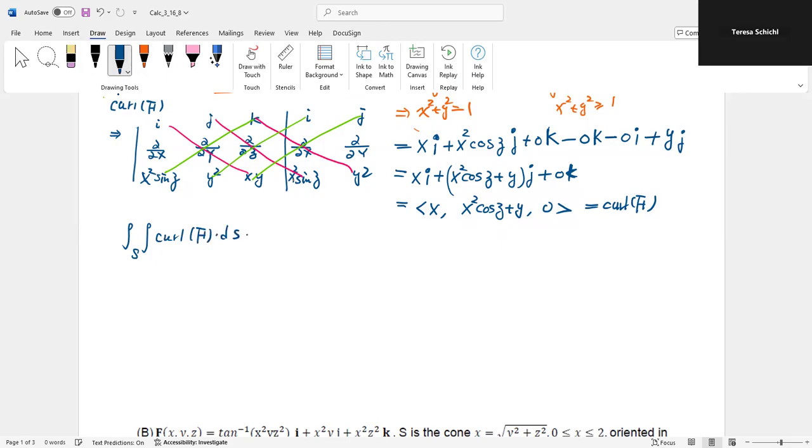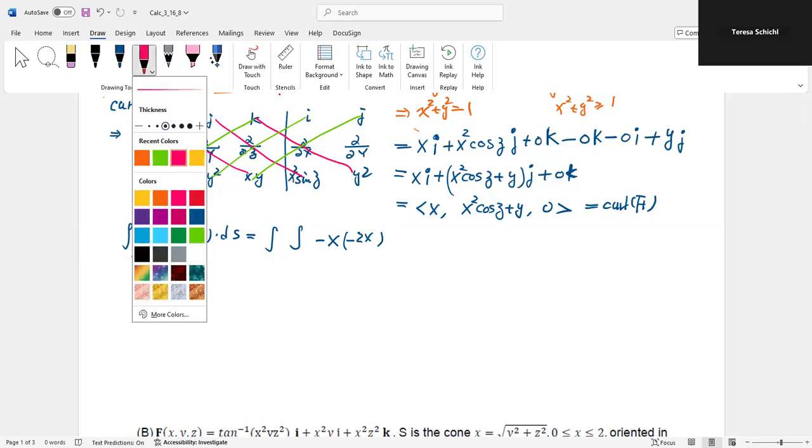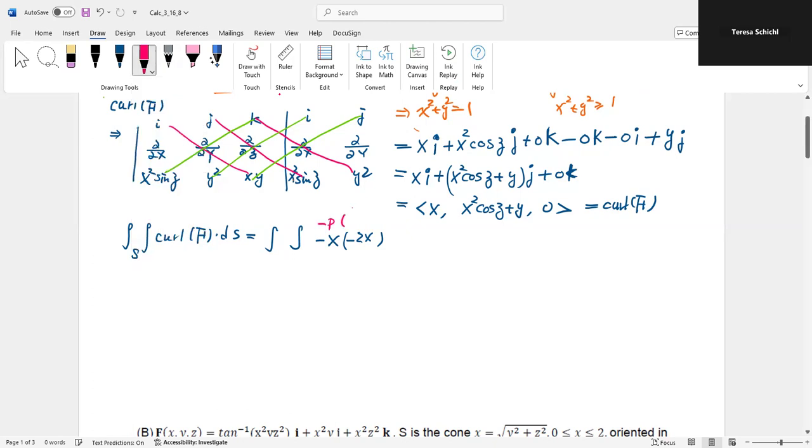The dS, we say in here, you can do like what we have here. So remember, it's a negative P times partial g partial x, negative P, so it's a negative x, right? So we use the surface integration, partial g partial x, right? So the partial g partial x will be the negative 2x here. So remember, this is the formula we used before. So here, this is the negative P times partial g partial x here, right?